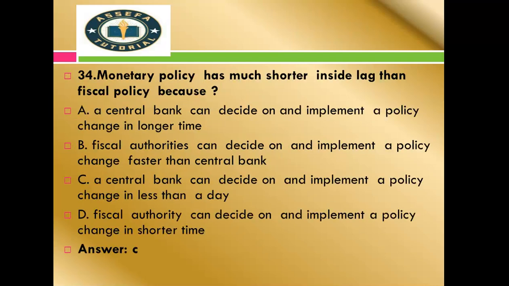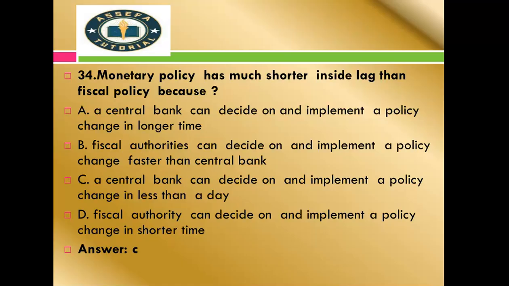Then question number 34. Monetary policy has a much shorter inside lag than fiscal policy because of A. Central bank can decide on and implement a policy change in longer time. B. Fiscal authority can decide on and implement a policy change faster than the central bank.